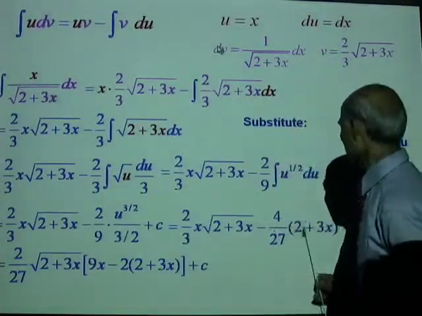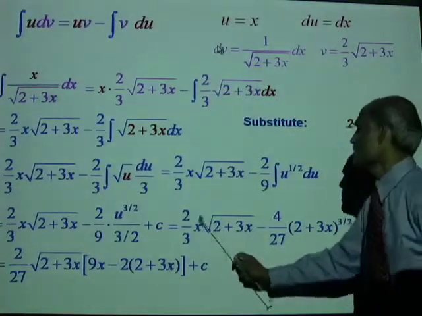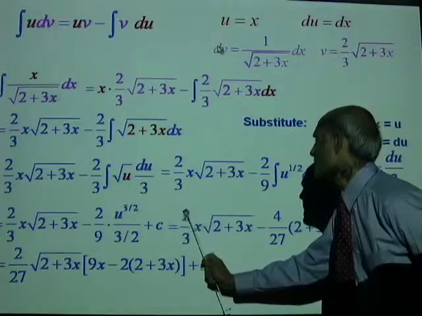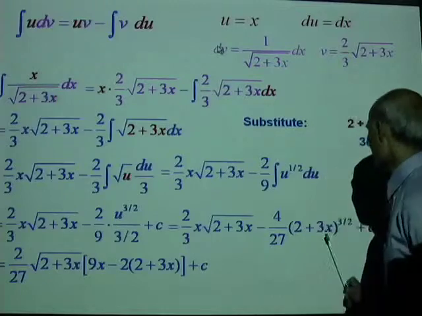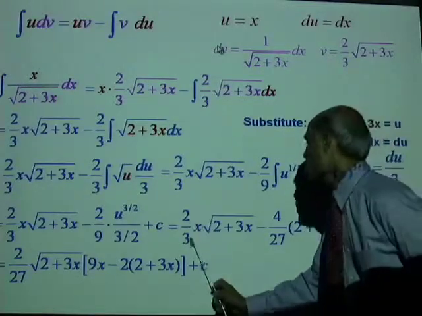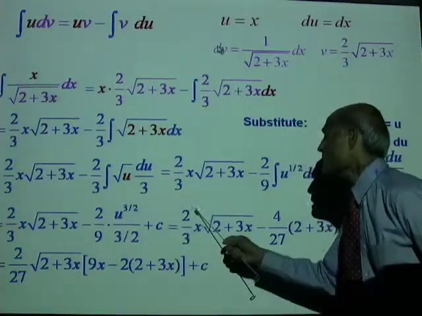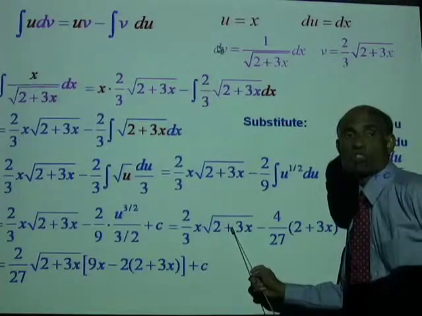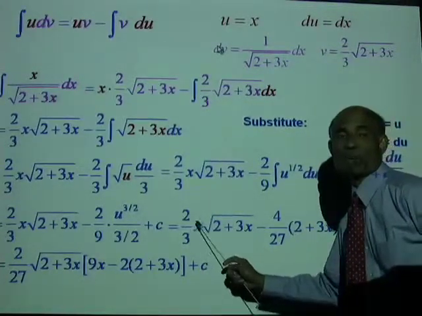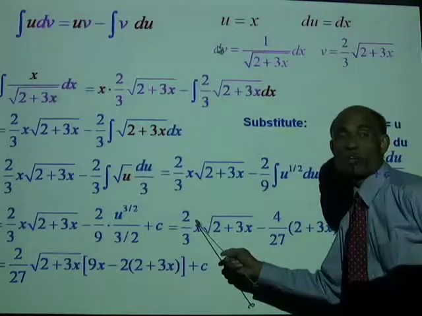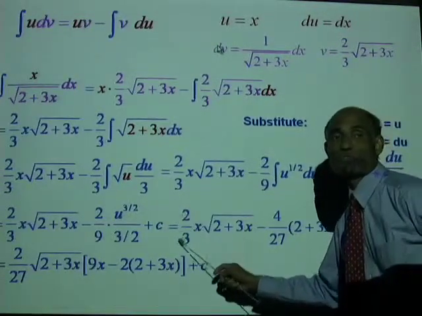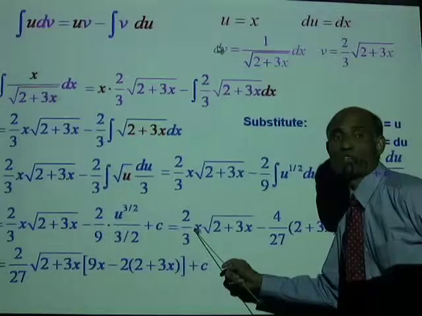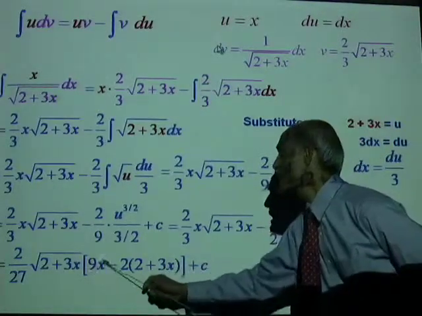Now, in the first term, you only have 2 over 3, but I'm factoring out a 2 over 27. That means this will get multiplied by 9. So this has come out. You have multiplied the numerator by 9, and 2 over 27 has come out. So what is left there is a 9x.